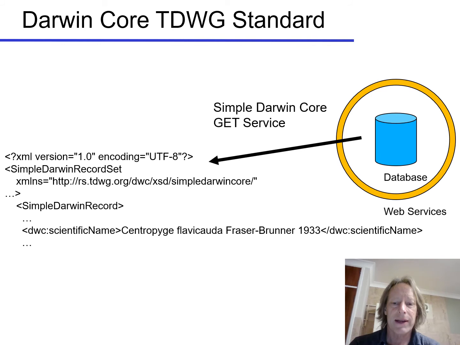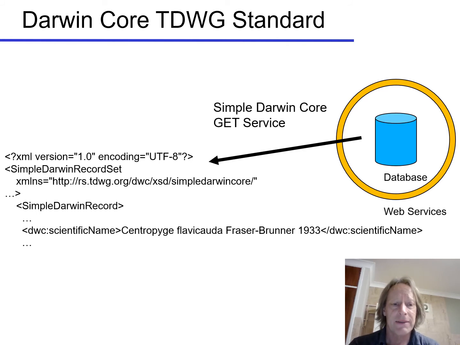Well, the first kind of connection we can make with other data collections is that we can export Symbiota2 data in Darwin Core format. Darwin Core is a standard format for representing specimen data. In this case, for Symbiota2, we provide simple Darwin Core data. This Darwin Core data is exported as XML, as shown in this particular diagram.